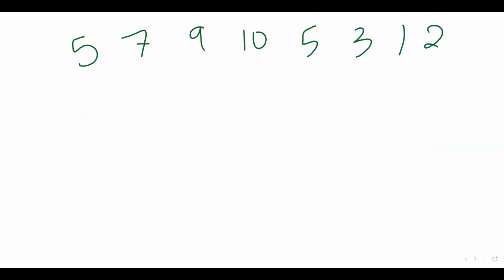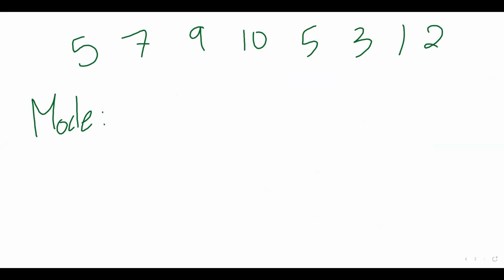If you have numbers such as 5, 7, 9, 10, 5, 3, 1, 2, in order to find the mode there's no need to arrange the numbers. You just have to find the number that is repeated the most.